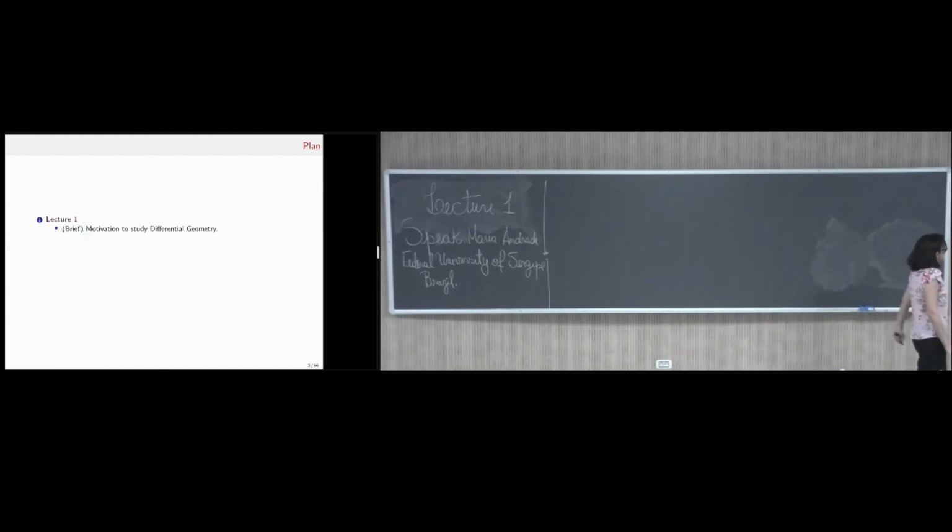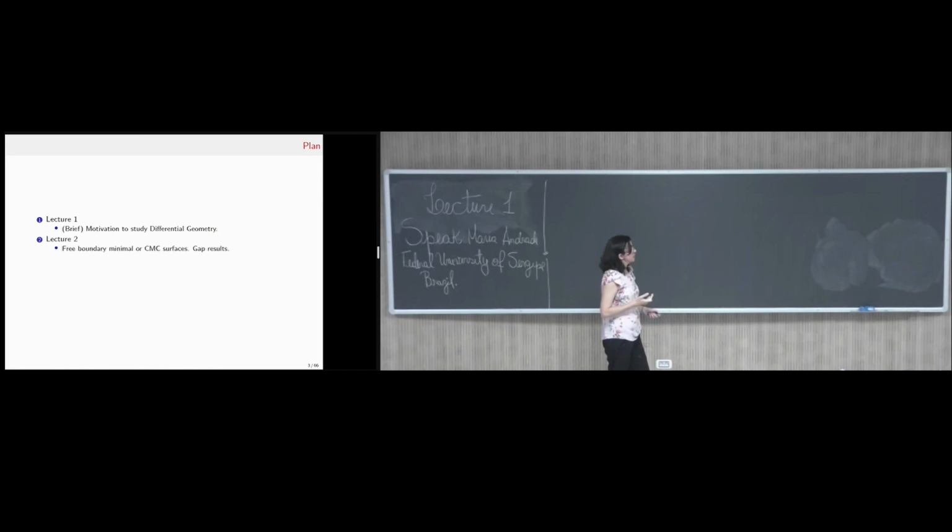Okay, let's begin. What's my plan? In this lecture 1, I give some brief motivation to study differential geometry. So I remember some basic facts that normally you see, for example, in the master course. In the second lecture, I will talk about free boundary minimal or CMC surfaces, especially gap results, okay?